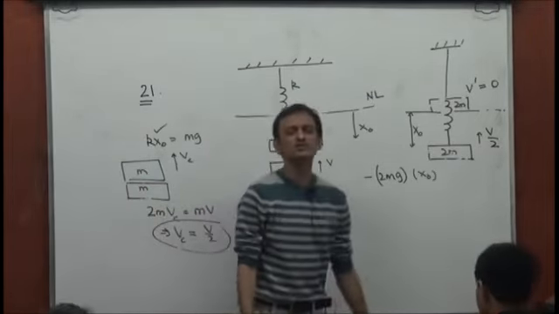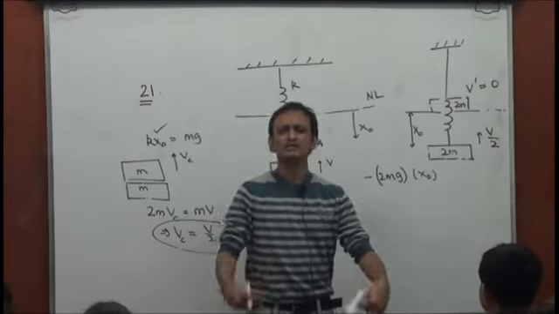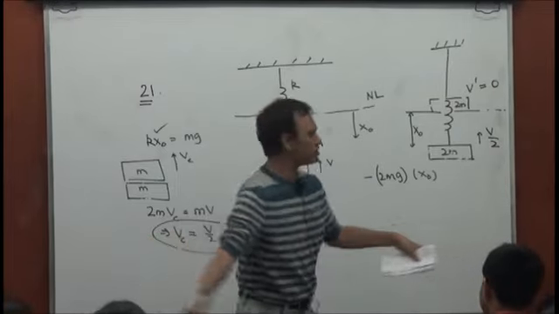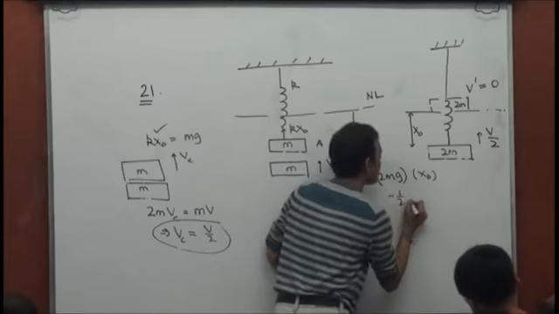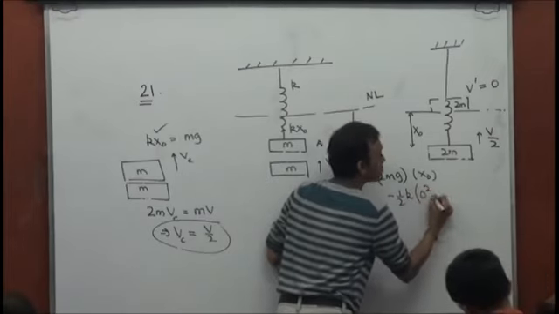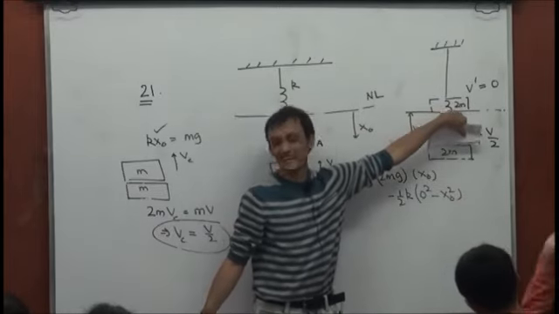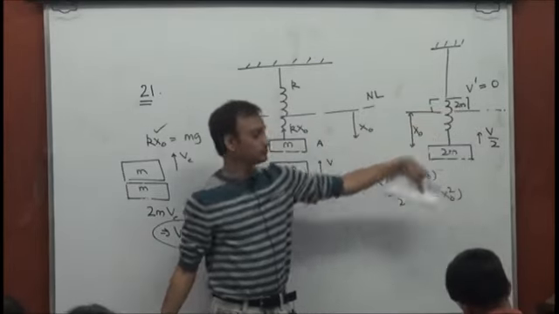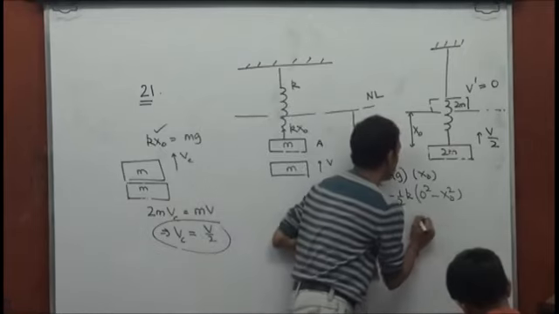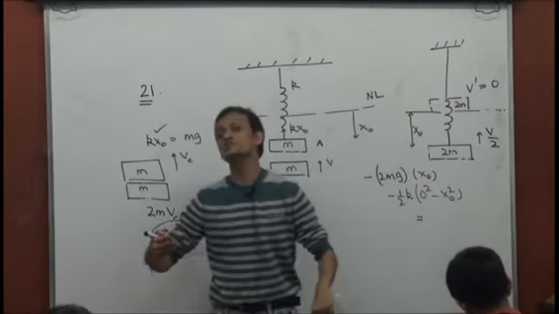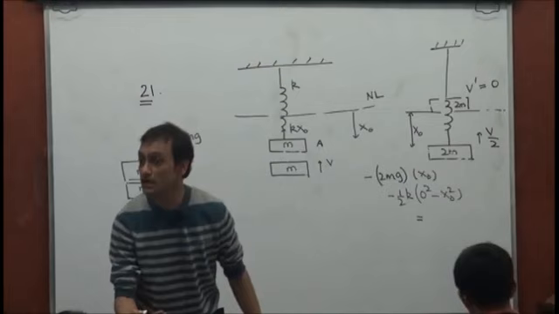What's the work done by the spring force? Negative of the change in elastic potential energy. So minus half k into 0 squared minus x naught squared. This is x equal to 0. And then from work energy considerations, this must be equal to the change in kinetic energy.